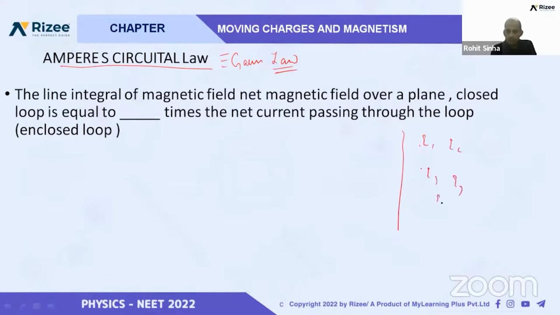charges and we have to find the electric field at any point, what we do is draw some Gaussian surface enclosing the charges, such that it touches the point where we have to find.